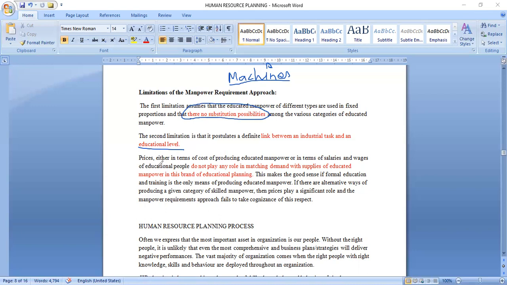And then also this manpower approach does not really match the demand with the supplies of educated manpower. It's one thing for the government to educate citizens, but it's also another to link these educated citizens to the potential employers.